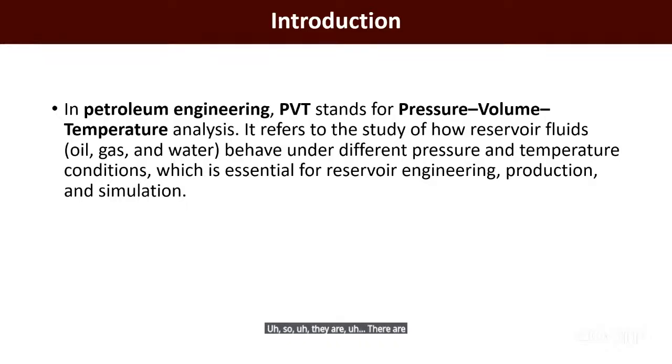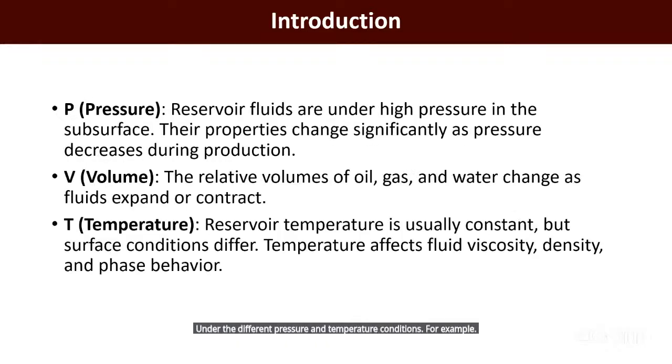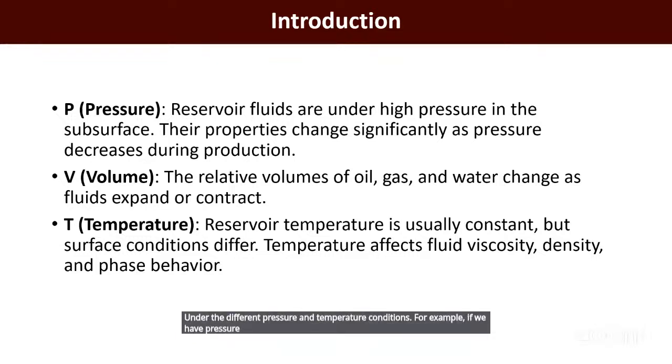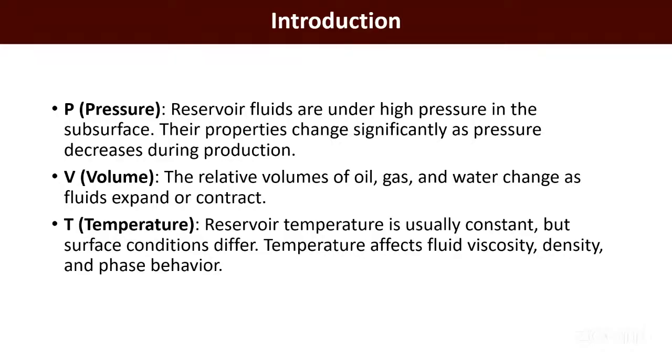There are pressure and temperature drops throughout the reservoir till we reach the surface. With this pressure and temperature drop, the composition or the properties of the fluids, oil and gas, differ under the different pressure and temperature conditions. For example, we are going from the reservoir, which has a high pressure, and then we have a pressure drop throughout the perforation till we reach the wellbore and the surface.